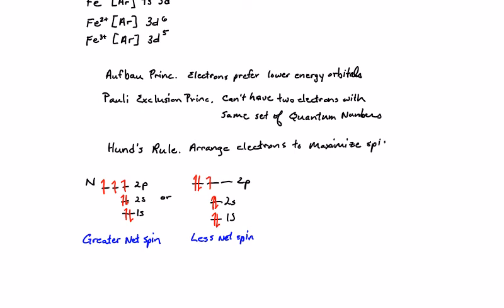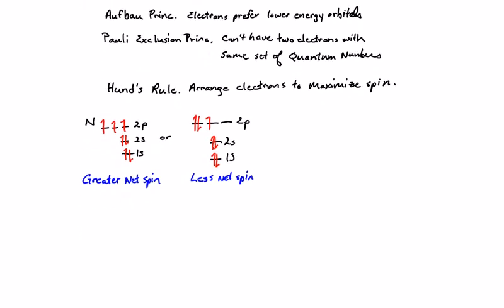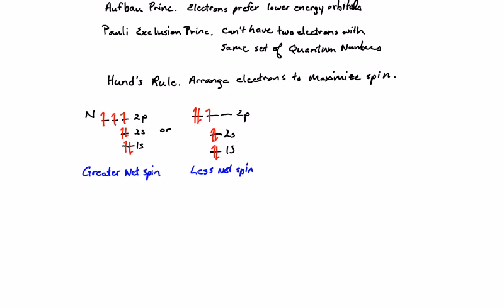When we're drawing out an electron orbital diagram, we should try to place the electrons as unpaired as possible. So this on the left-hand side would be the preferred electron configuration, and it actually aligns pretty well with the reactivity of nitrogen.